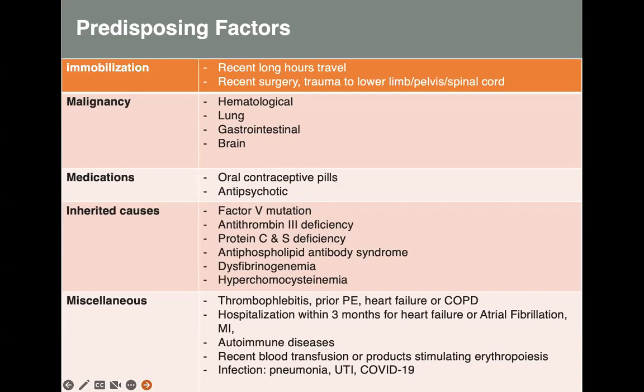Again, medication usage, as you have seen, oral contraceptive pills and antipsychotic drugs, increase the procoagulant factors and provoke coagulation. Also there could be inherited causes, so gene mutations, the most common being factor V mutation, and also deficiency of antithrombin III, protein C and S. But there are other reasons, issues of myocardial infarction, heart failure, and autoimmune diseases. All these can predispose someone to get thromboembolism.